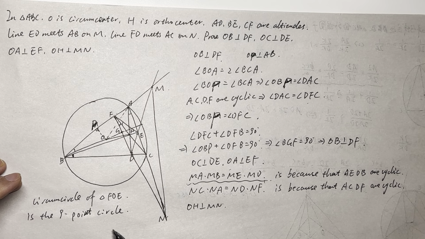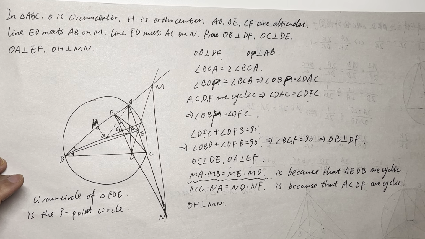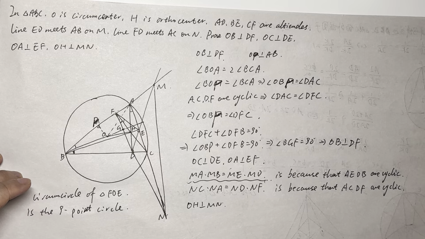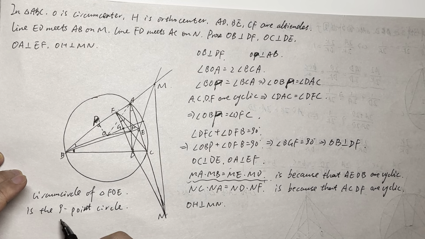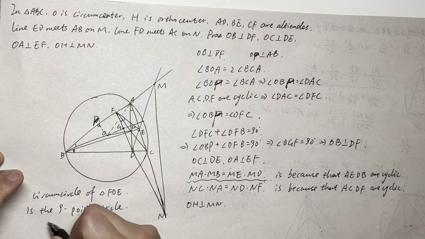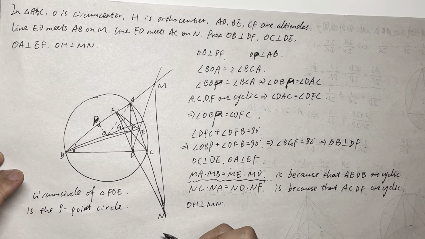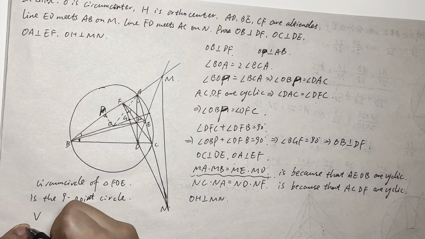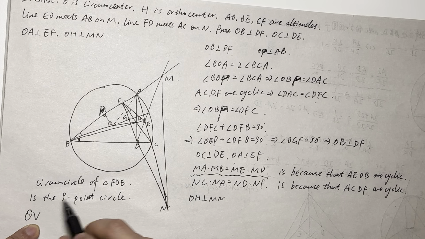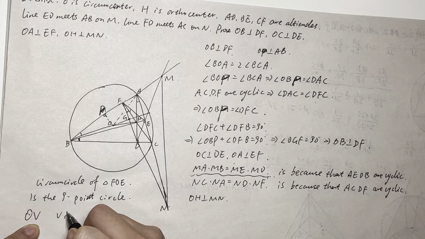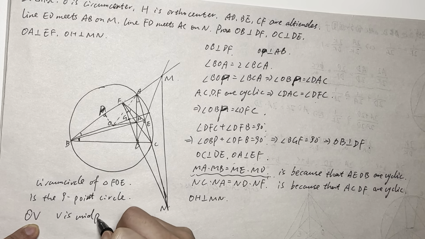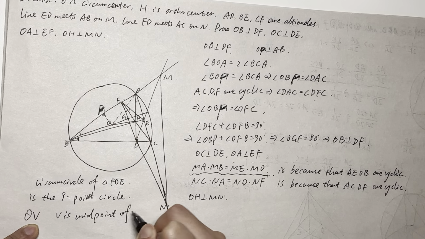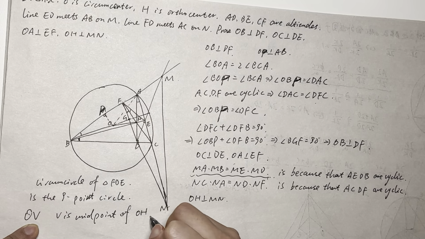And for the 9-point circle, we already proved that the center of the 9-point circle is the midpoint of OH, right? We used to mark it as the circle V. So circle V is a 9-point circle, and V is the midpoint of OH.